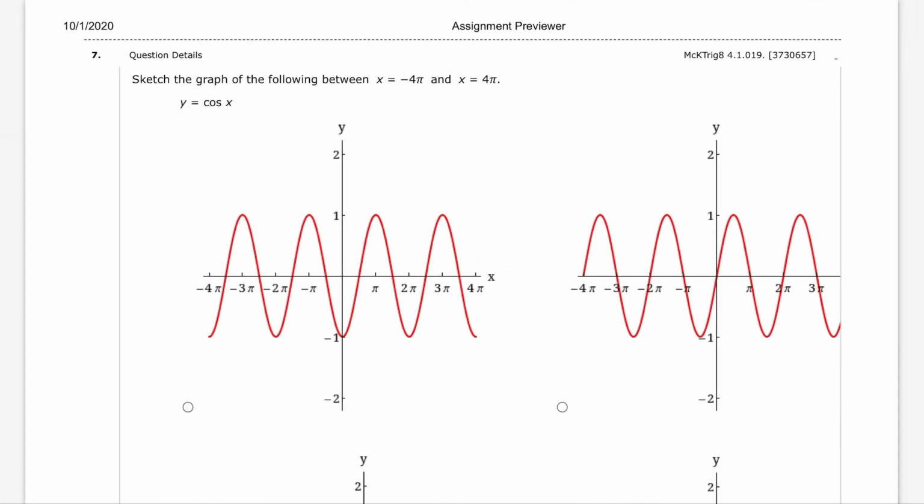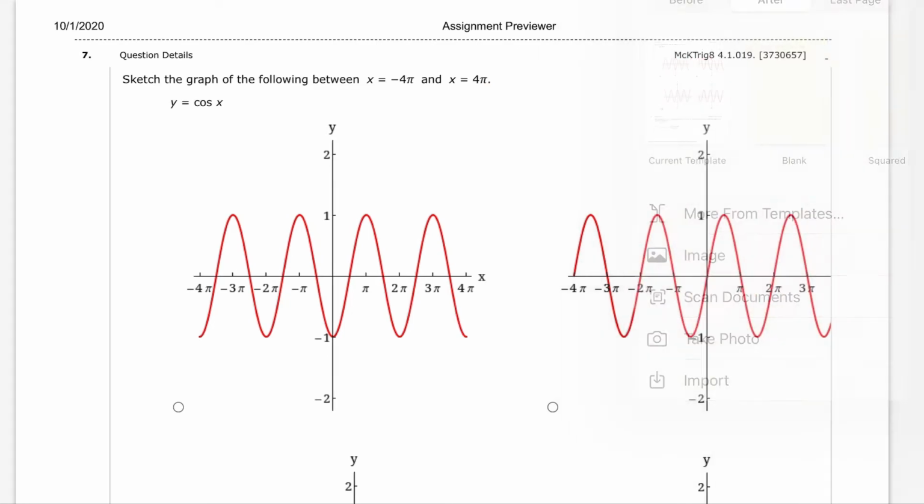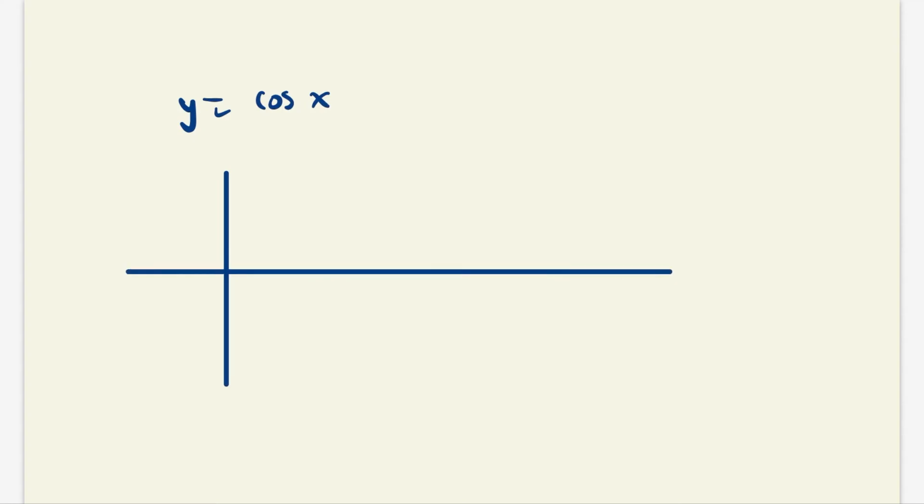All right, they want us to sketch the graph of the following function, cosine of x, where x is between -4 pi and 4 pi. So they want us to graph between these two intervals. All right, so cosine looks like this. So I'll just go to 2 pi.